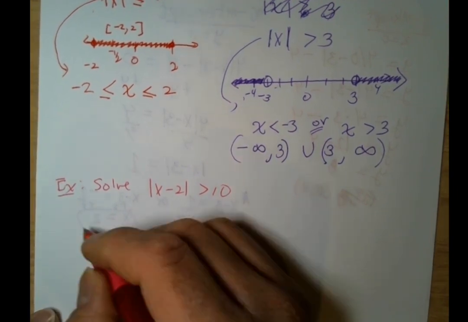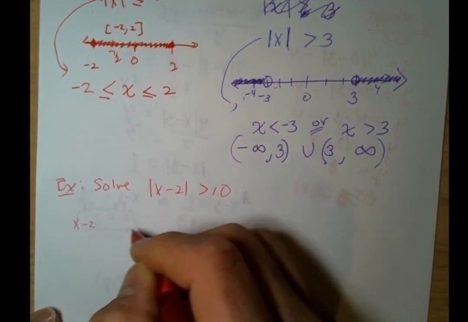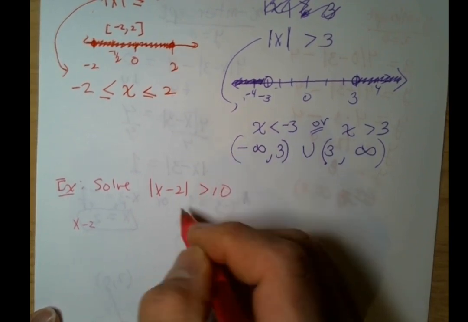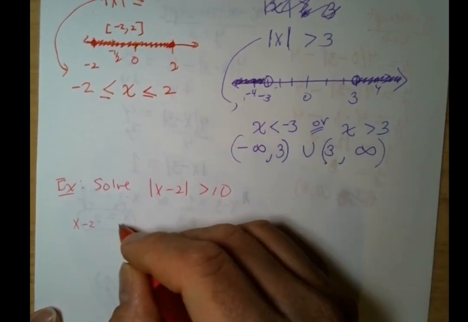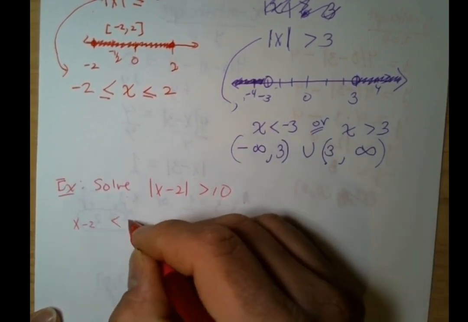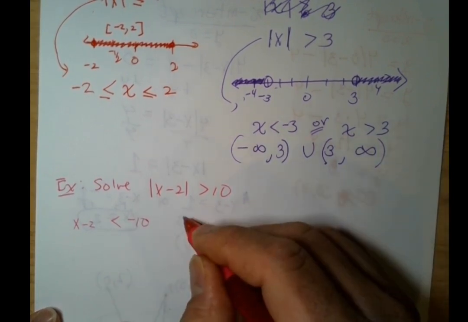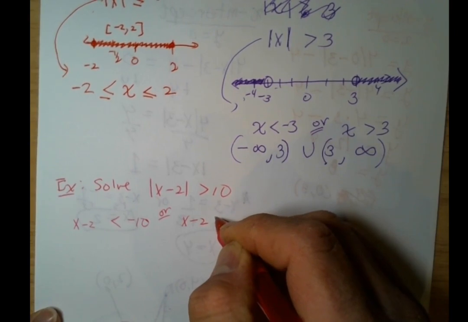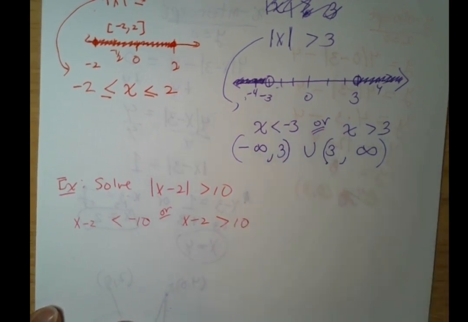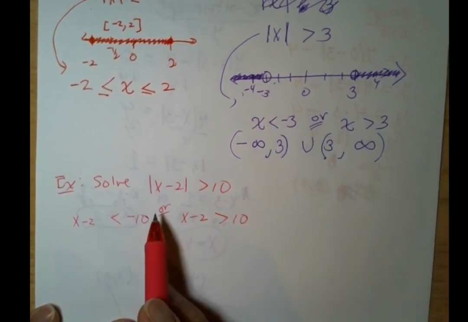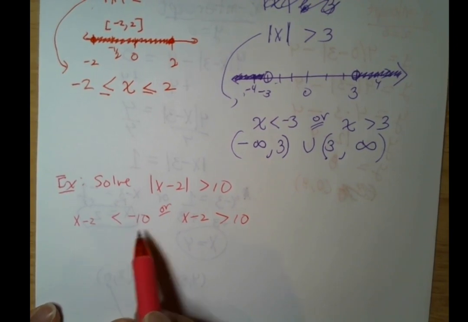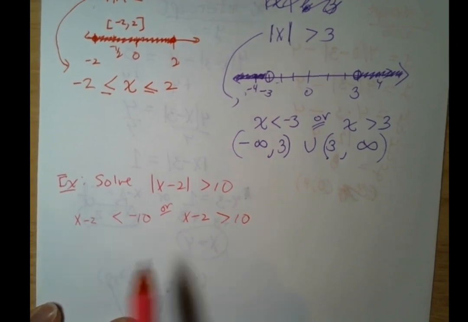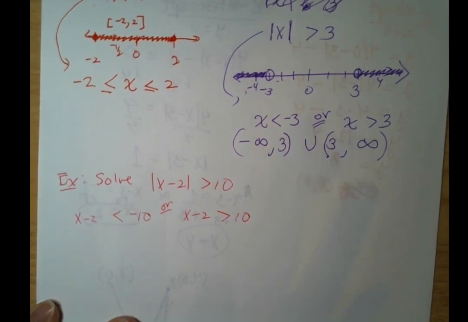So I'll drop this and then I'll switch around the sign, which is what I did here. So it'll be less than -10, and then or x minus 2 is greater than 10. So one of them involves flipping the inequality, making it a negative, and the other one just dropping the absolute value symbol altogether without changing anything.